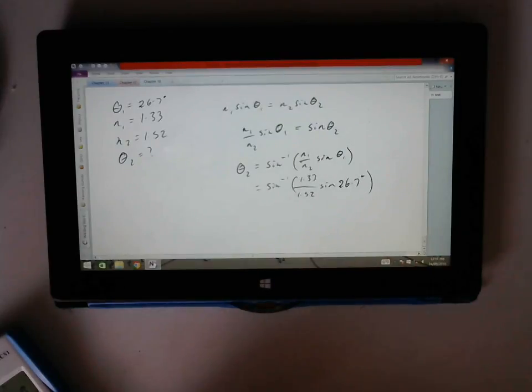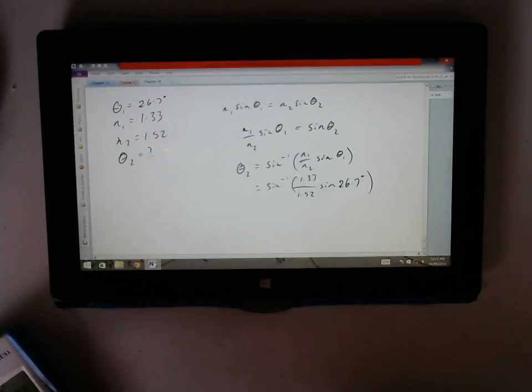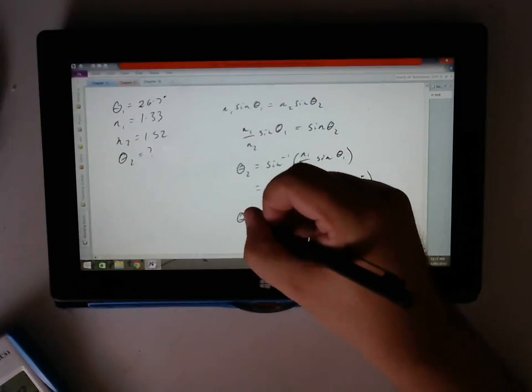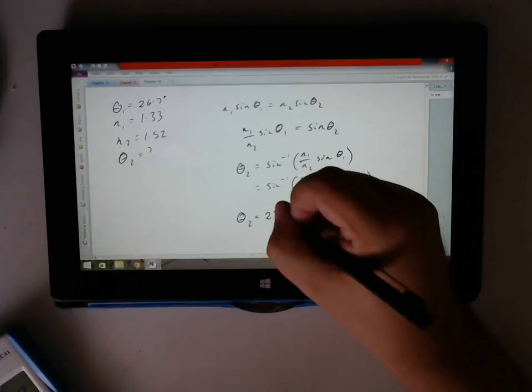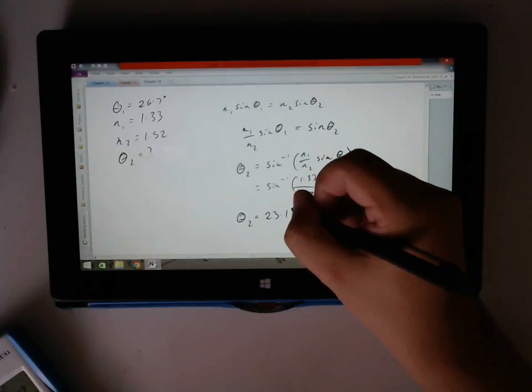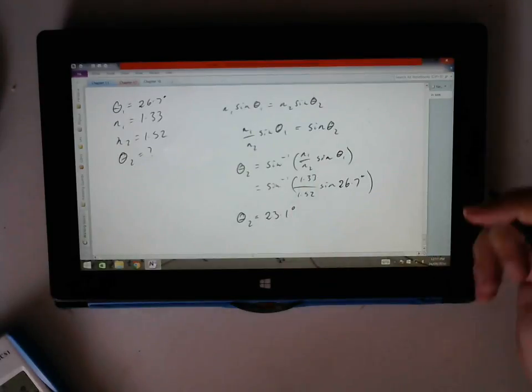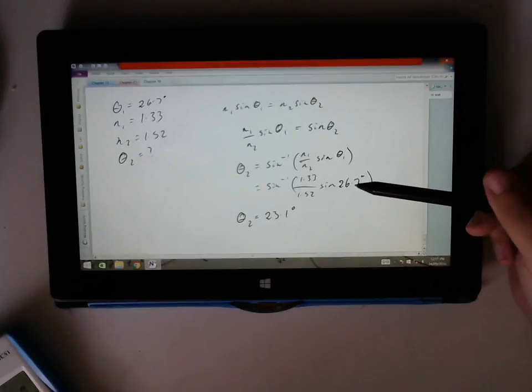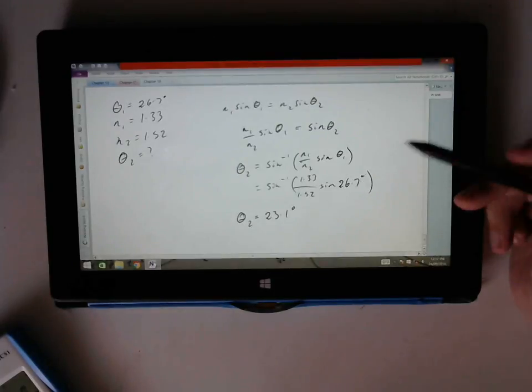Sine 26.7 times 1.33 divided by 1.52, and take the arcsine of that answer, and we get that theta 2 equals 23.1 or 23.2 degrees, depending on how the book rounds it. Again, we expected it to bend towards the normal because it's going from water into glass, so less dense to more dense.